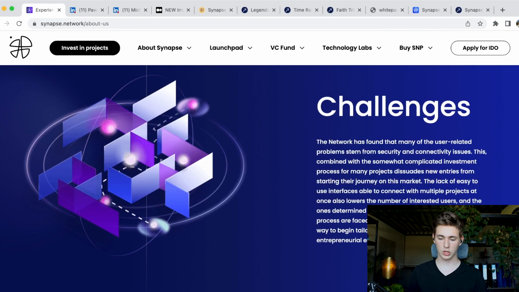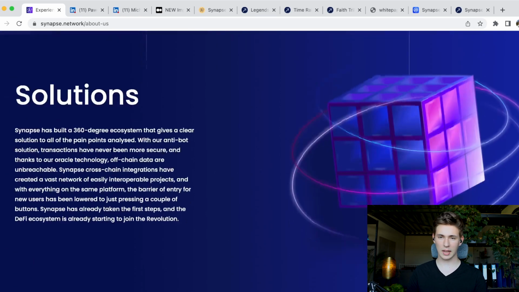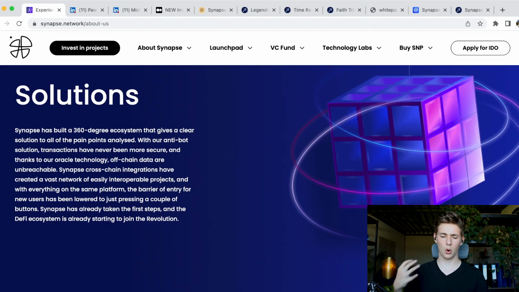They also talk about their challenges. The network has found that many of the user-related problems stem from security and connectivity. So it's basically the same thing. Now here is what is interesting, in their own words, the solution that Synapse brings to the table to these problems. Synapse has built a 360 degrees ecosystem that gives a clear solution to all of the pain points analyzed.